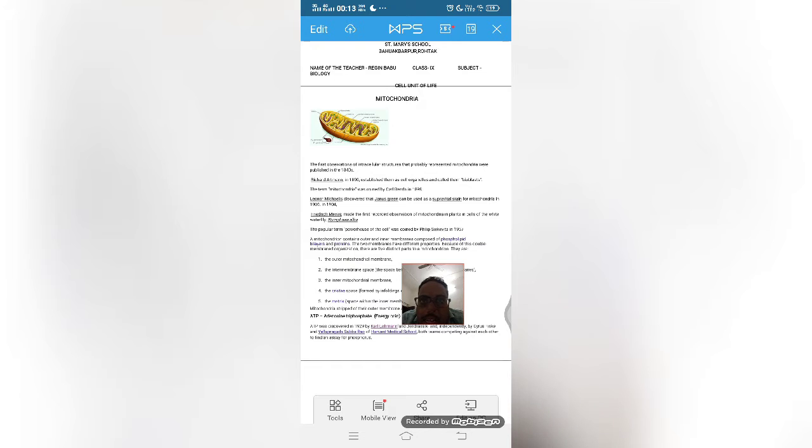You can see the diagram picture of mitochondria which was given there. It is a double layer membrane, and it has some folds inside it. One of the membranes is folded. Why is this mitochondria very important?